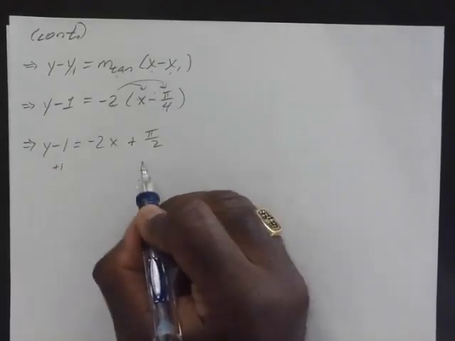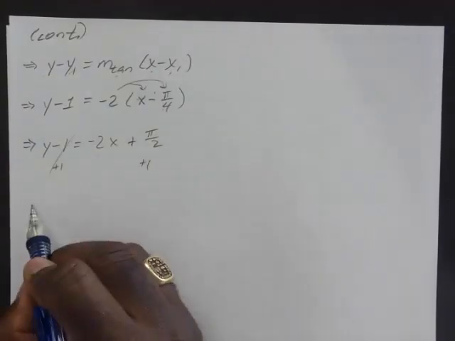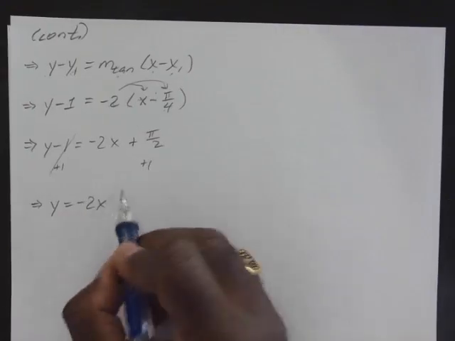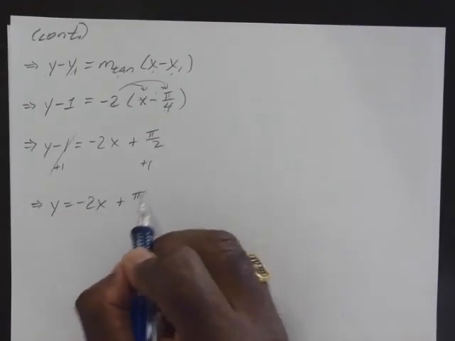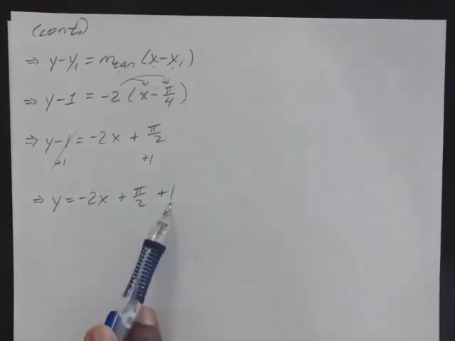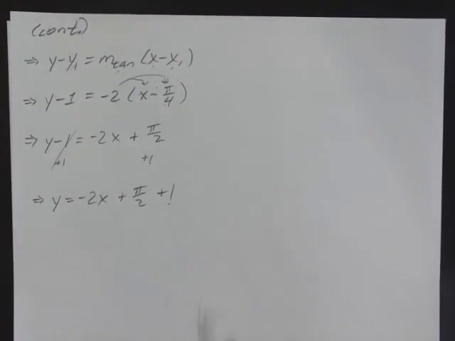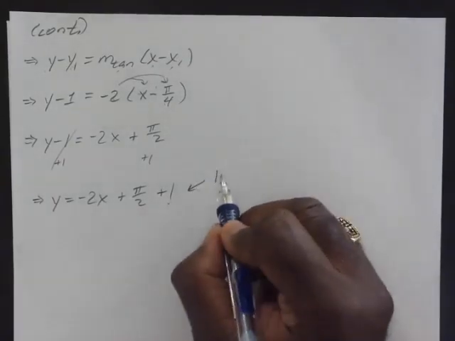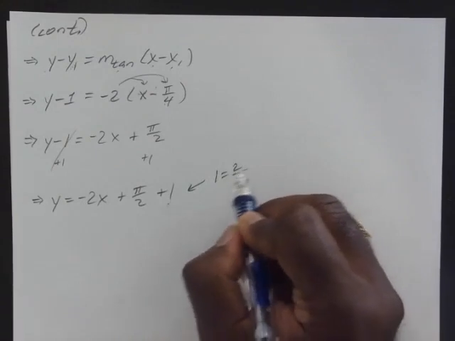So if we add 1 to both sides, we have y is equal to negative 2x plus pi over 2 plus 1, where you could replace that 1 with 2 over 2 just to get a common denominator.